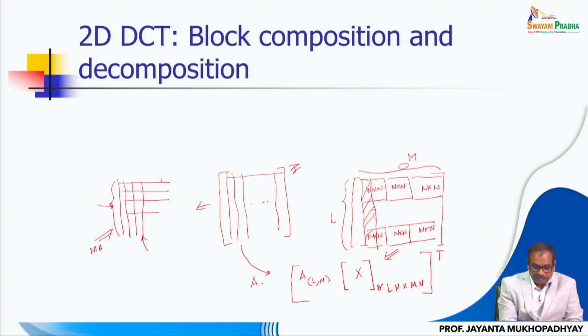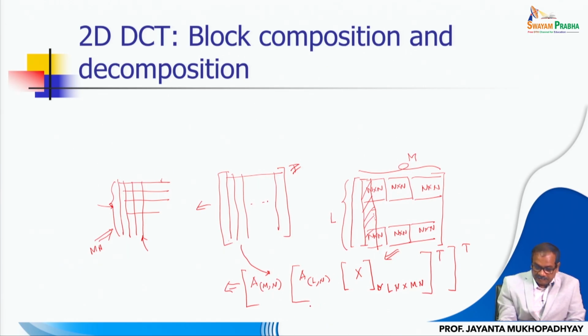So now you multiply with A_Mn, and then again you perform transposition to get the whole transformation, if I now apply all the transpositions.